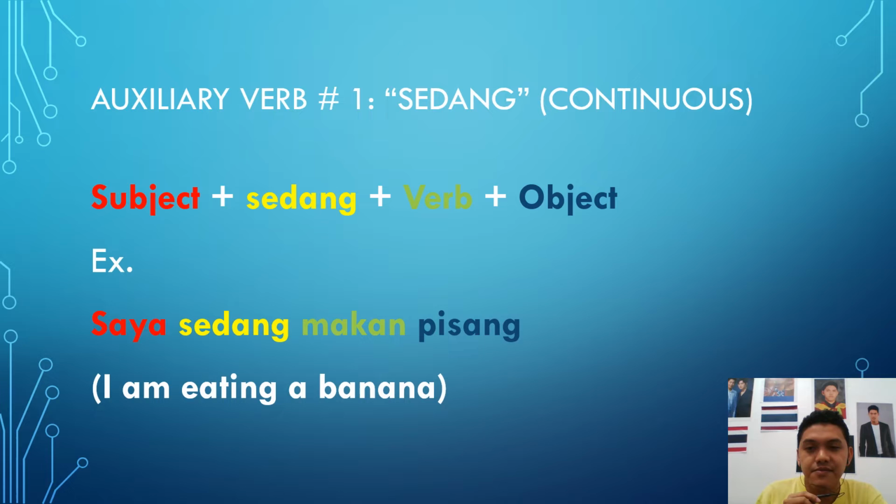For example, the sentence structure that I made is saya sedang makan pisang. I am eating a banana. Why sedang? Because the action of the verb is still continuous.